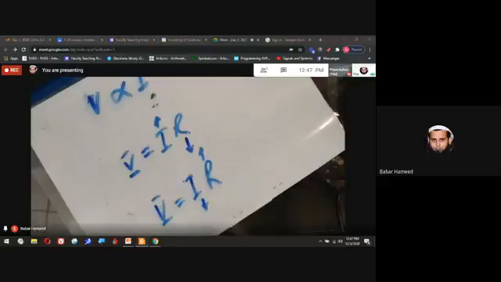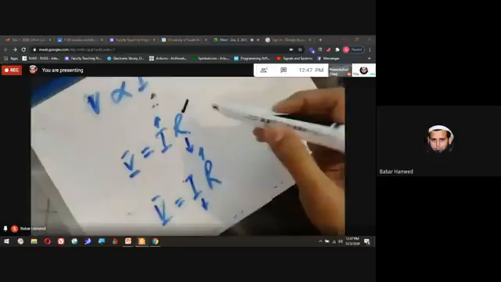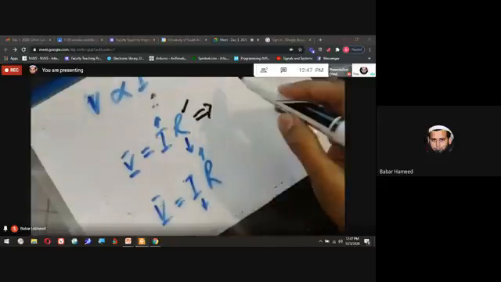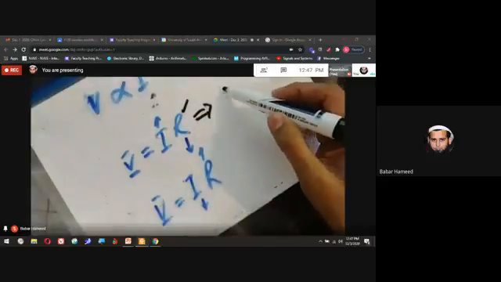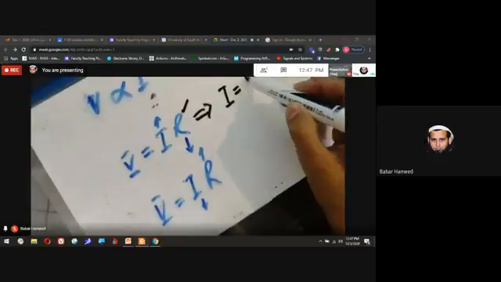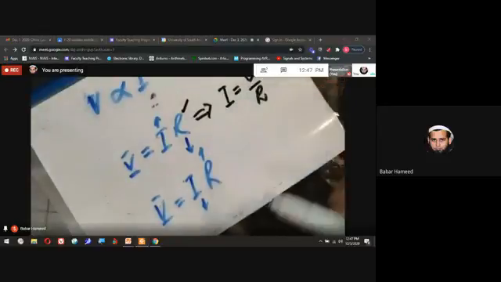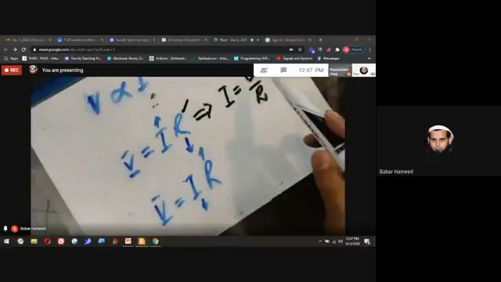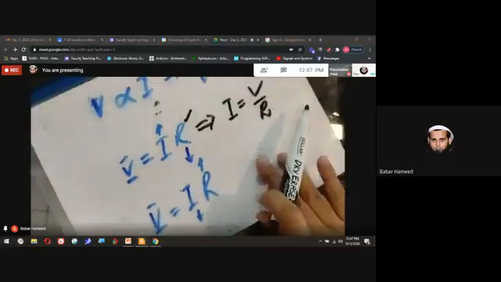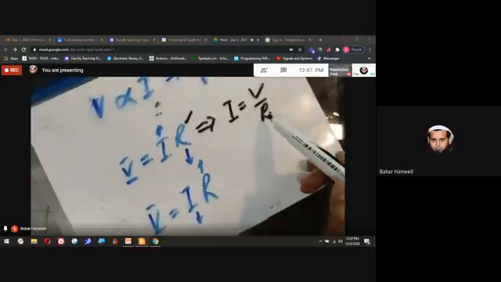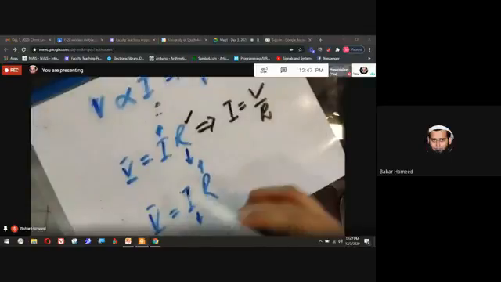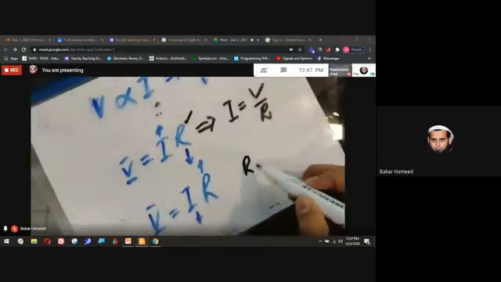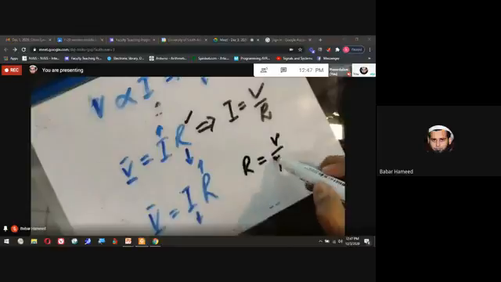As V is equal to IR, it can be rewritten as I is equal to V over R. So if we have voltage and resistance, we can find current. And similarly, R is equal to V over I. If we have voltage and current, we can find the value of resistance.